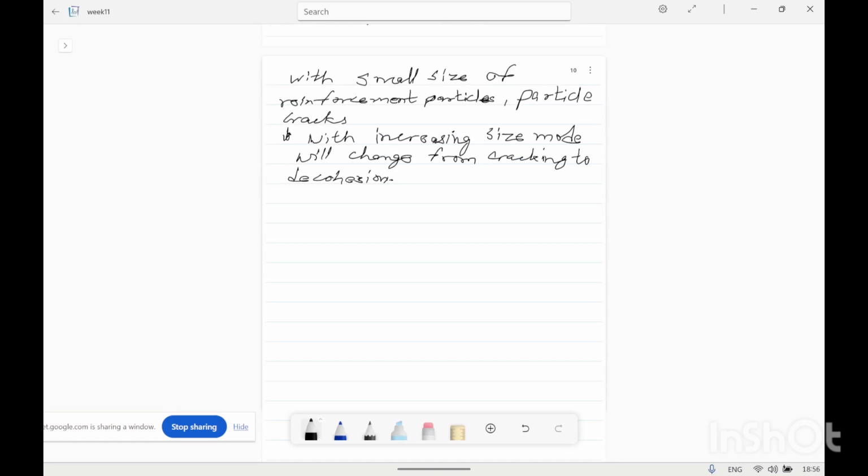And the ductility of discontinuously reinforced metal matrix composites depends on matrix parameters.